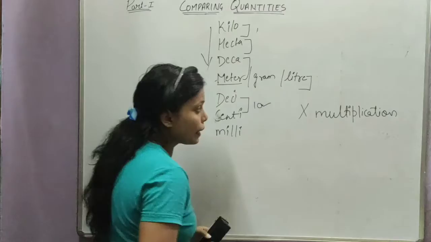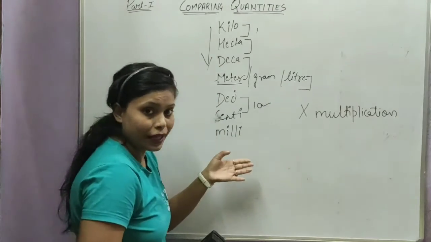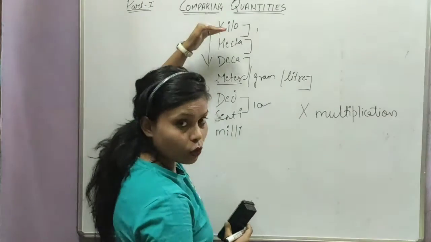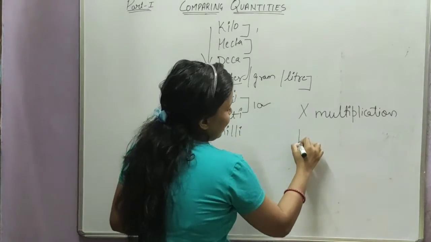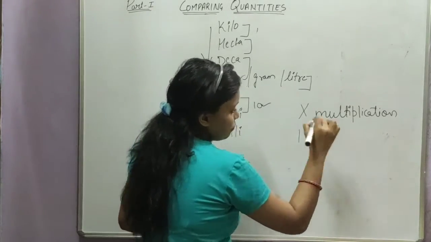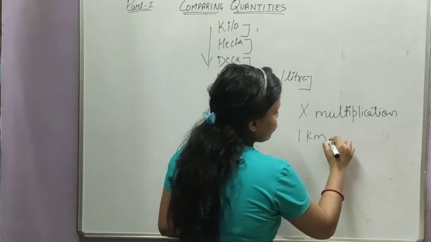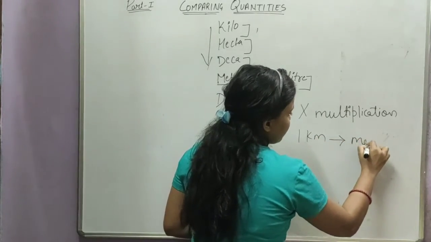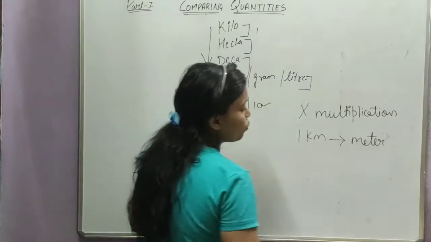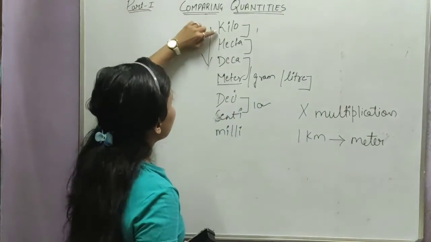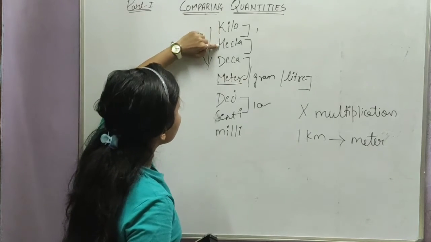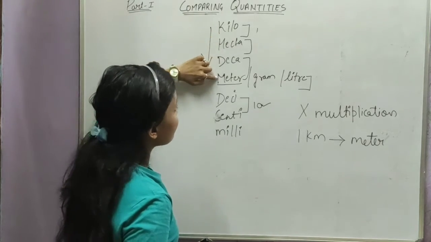That means higher to lower we will do multiplication and lower to higher we will do division. Okay. So it is given that 1 kilometer should be converted into meters. So what will I do? I will multiply. But which quantity do I have to multiply? We are going 1, 2, 3 steps.